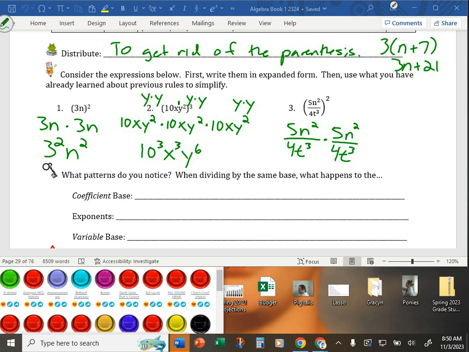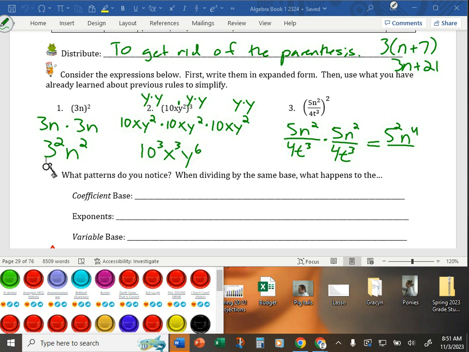So, solving this, it is a fraction times a fraction, which is kind of nice because we just go straight across. How many 5s do we have all being multiplied together? 2. How do we write that? 5 squared. N to the 4th, right? Because we have n squared times another n squared. Total, that's 4 of them.